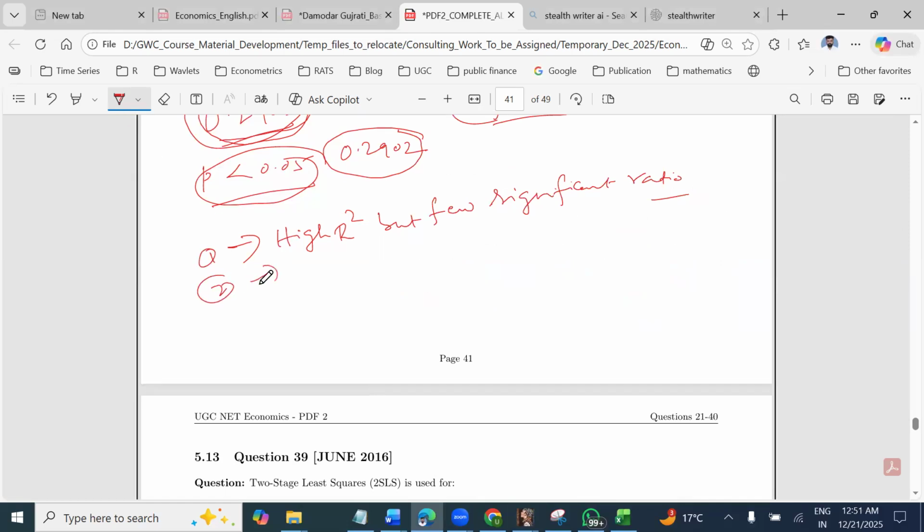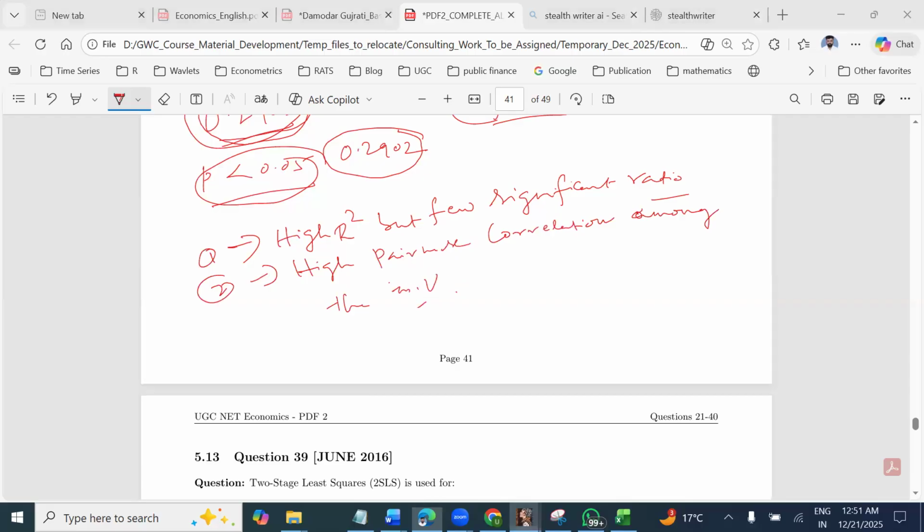Second, you will see high pairwise correlation among the independent variables, IV. I am writing.